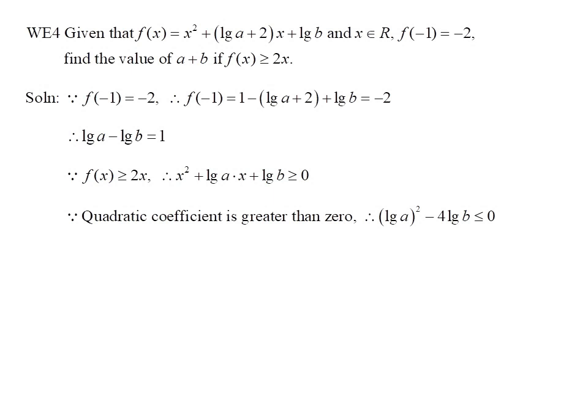Since the quadratic coefficient is greater than 0, as long as its discriminant is less than or equal to 0, f(x) will be greater than or equal to 2x.